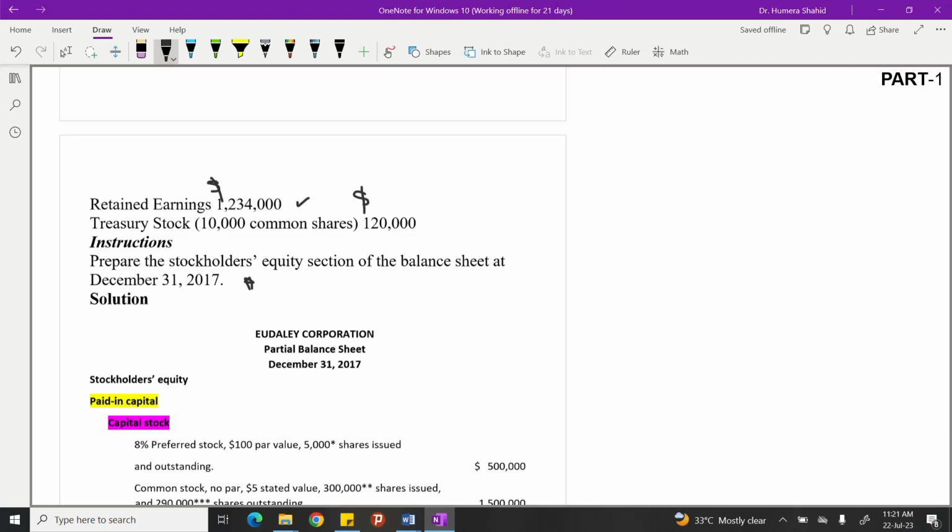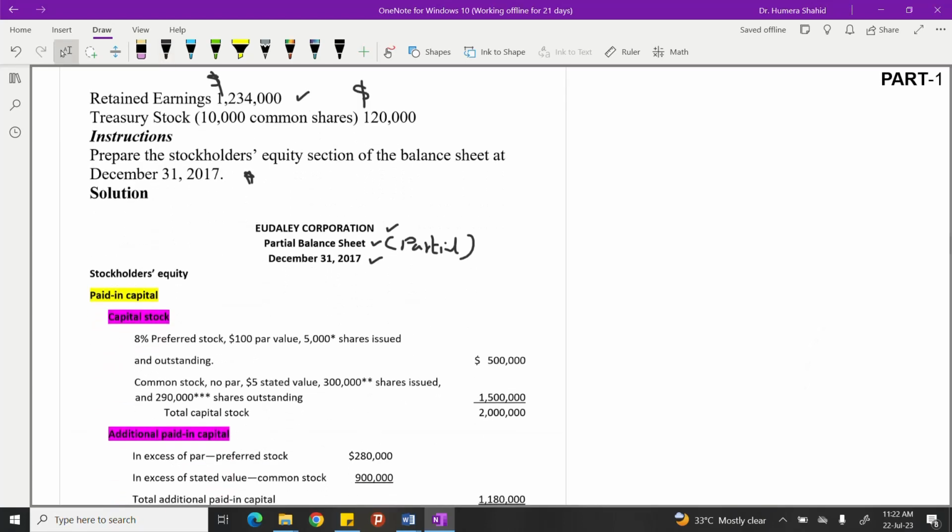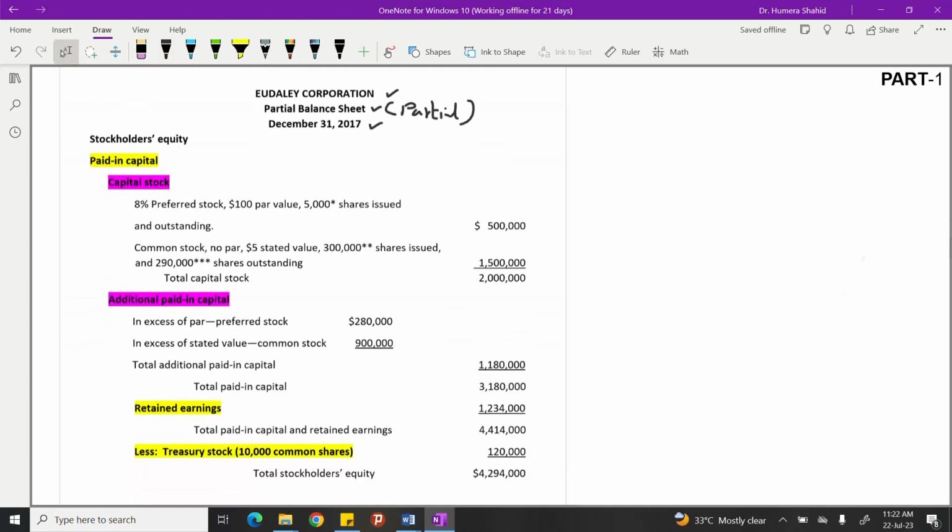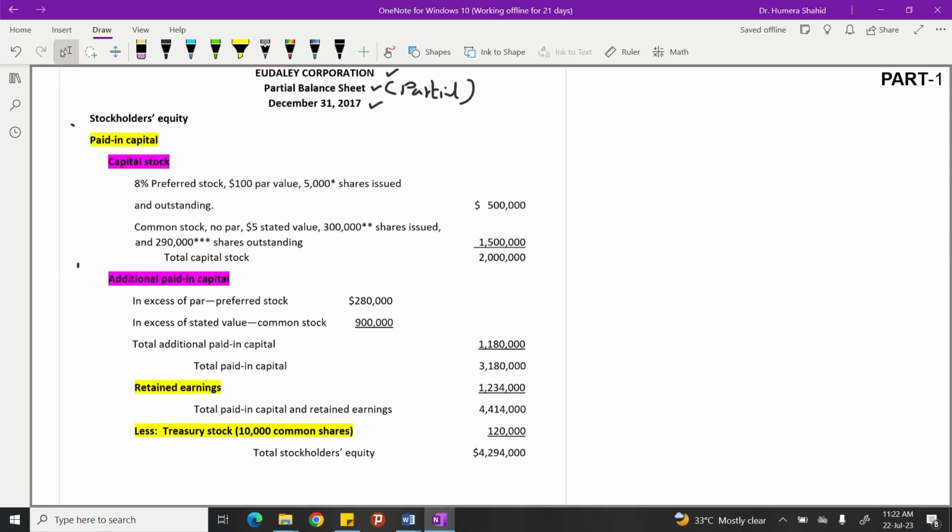So let's draft the Udemy Corporation partial balance sheet, December 31st, 2017. We only have to prepare the stockholders' equity section because we don't have the other sections' details. I will first put paid in capital and retained earnings. In paid in capital, I have capital stock and additional paid in capital.